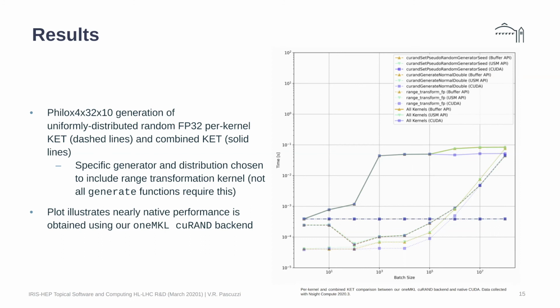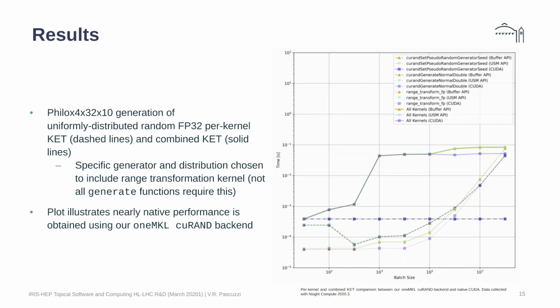The dashed line that lies just below it and then slowly rises basically linearly is the generation of the random numbers itself. And the dotted lines are the range transformation functions, which we've implemented ourselves. So this is not from the CUDA library or API. This is something that we've implemented on our own. And then finally, the solid lines are the combination of each of those. So you're adding each of those 3 kernels, summing them, and then plotting.